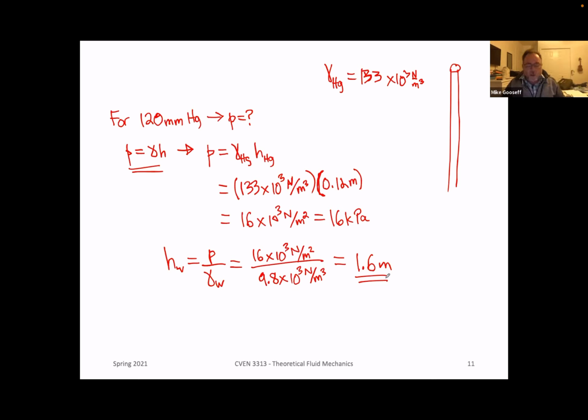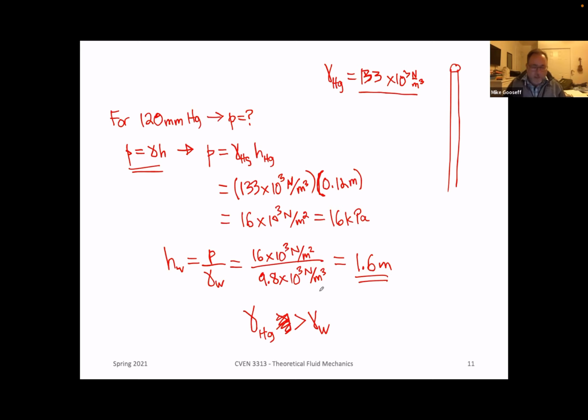The point I want to make is that it really comes down to the difference in the specific weights. The specific weight of mercury is much bigger than the specific weight of water. It is 133 times 10 to the third versus 9.8 times 10 to the third, so it's more than 10 times greater.